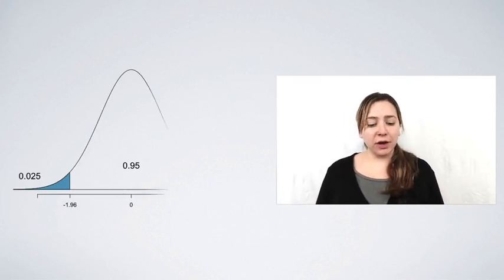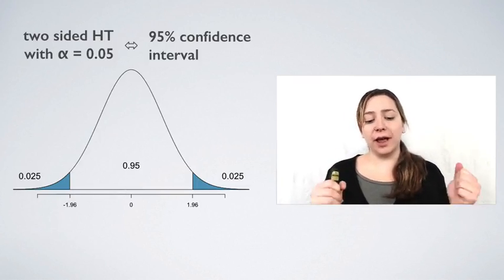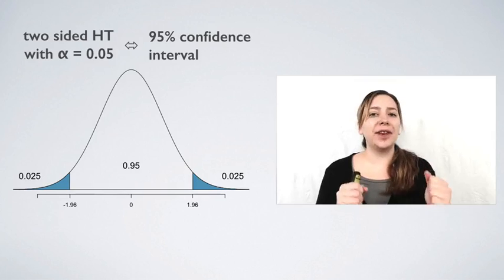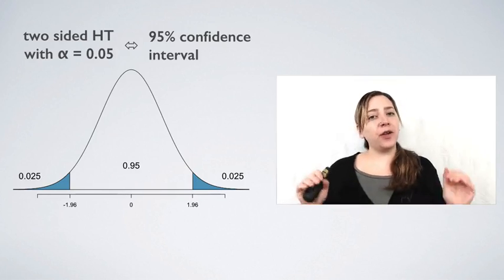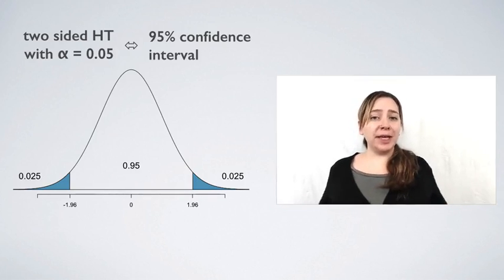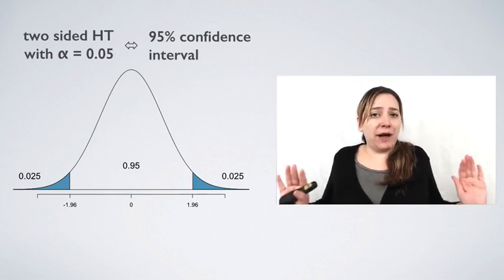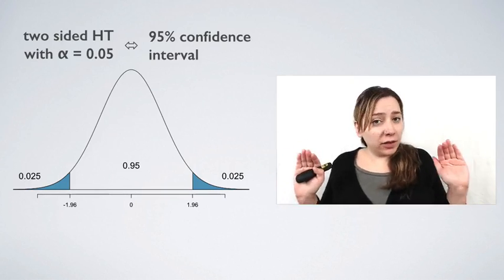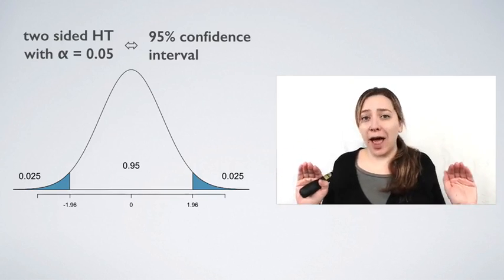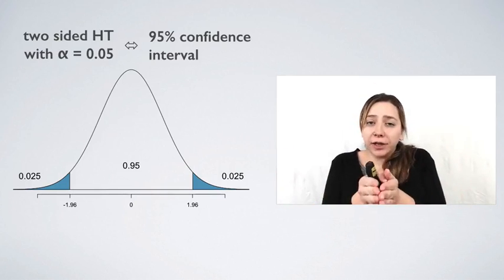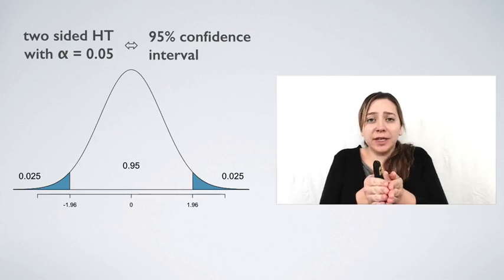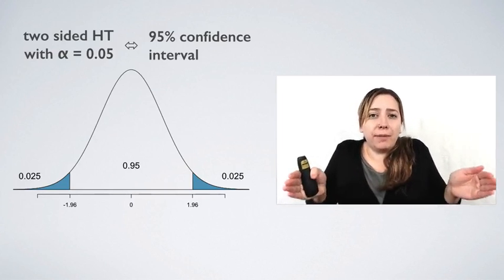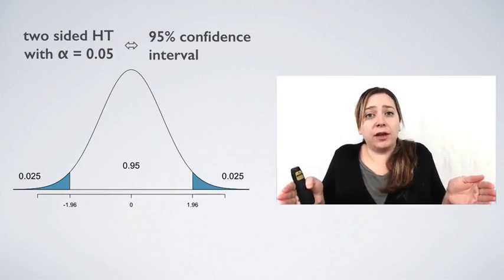So let's look over here at a two-sided hypothesis test where we have an alpha of 0.05. If you have an alpha of 0.05, that means that at each tail you can afford to have about 0.025 of a tail area so that the total of those tail areas add up to 5%. And usually when we're thinking about confidence intervals, we're always thinking about the middle whatever percent of the distribution.